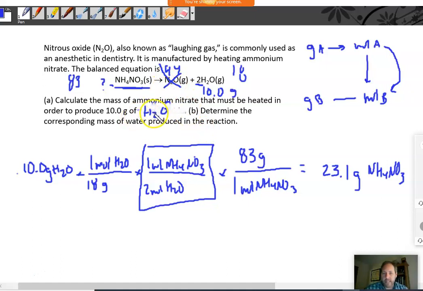I mean, it did in part A, it did. If you did that, it would just be a 1-to-1. That's why I didn't do it, because a 1-to-1's boring. If you forgot to do this, you'd still get the same answer, even if you didn't do the mole-to-mole conversion, since it's a 1-to-1. But I wanted to make sure that you know about this thing. This is the important part of this, that you understand how to do that from the balanced equation. Okay? Any questions?